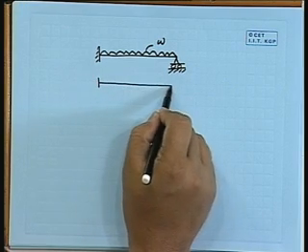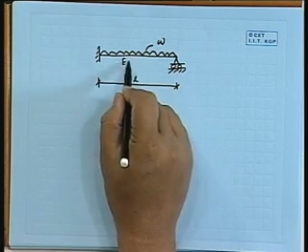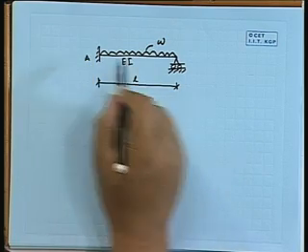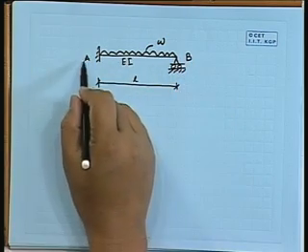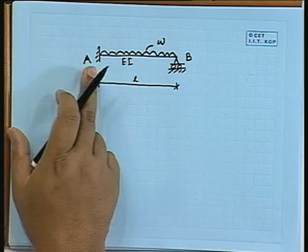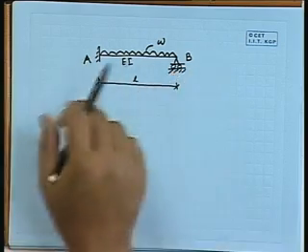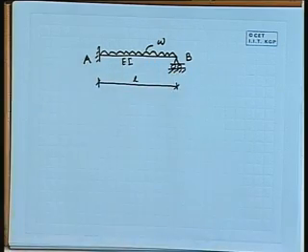This part is L, it is EI, we can take it as A and B. So the length is L, this end is a clamped support, this is a roller support, with fully distributed load and uniform flexural rigidity EI.